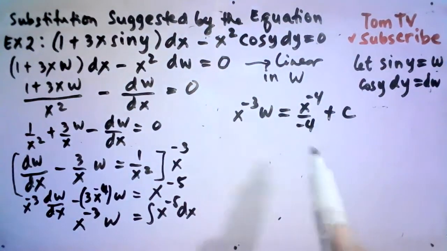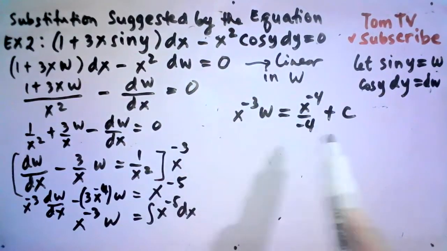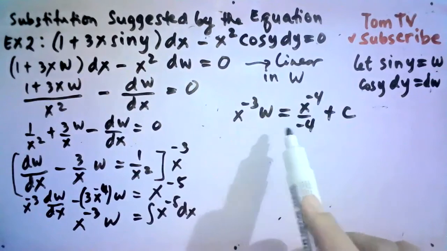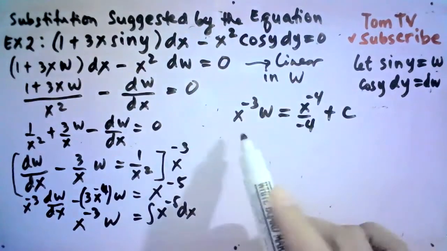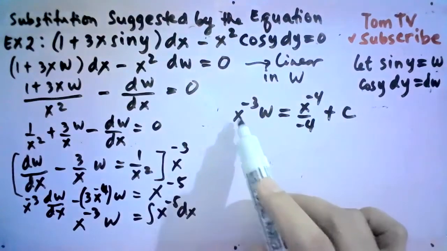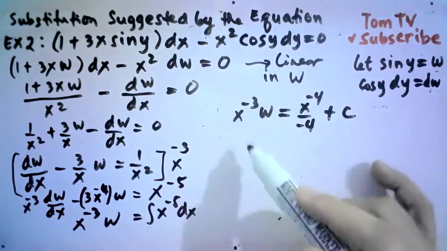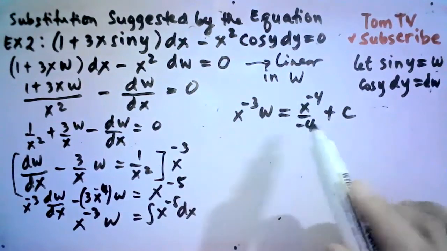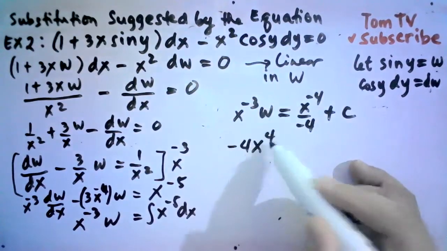We will try to multiply both sides by negative 4 because this is in fraction form. As well as x to the negative 4, this is also in fraction, so I will multiply by negative 4 x raised to positive 4.